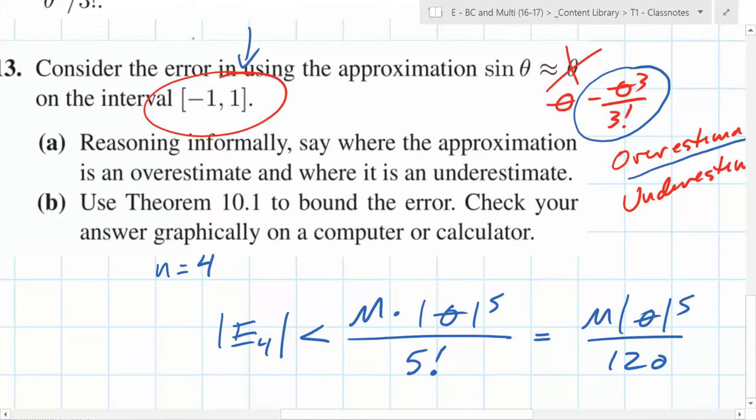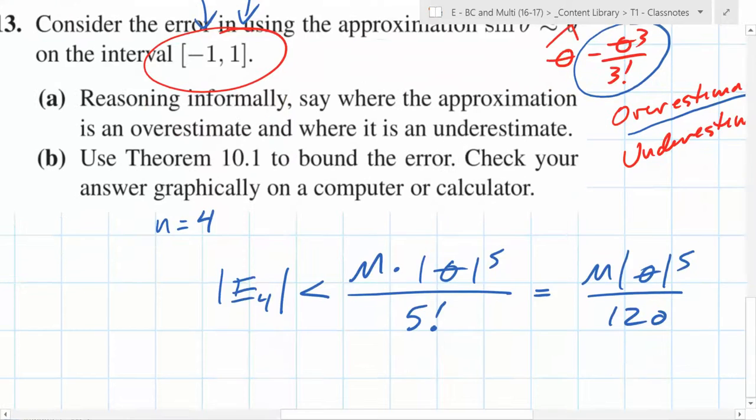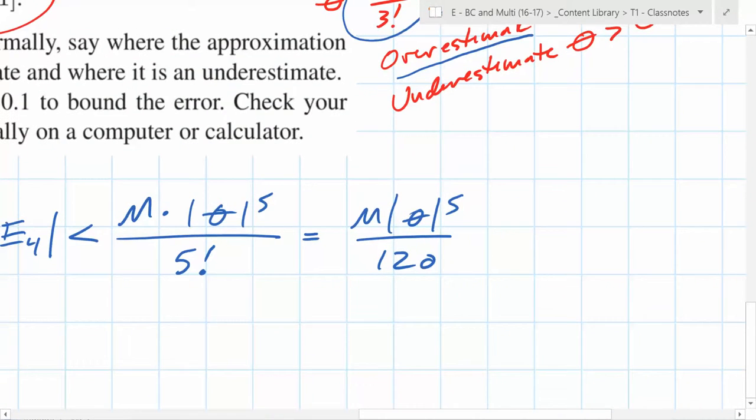It's already circled, right? What's the interval? -1 to 1. So what's the biggest absolute value theta can be on that interval? It's 1. Are we good with this, everybody? So we know that that's going to be less than or equal to just m over 120. Do you agree with that?